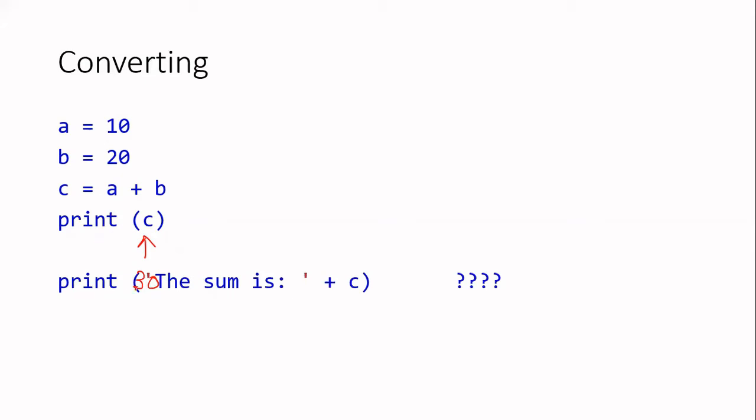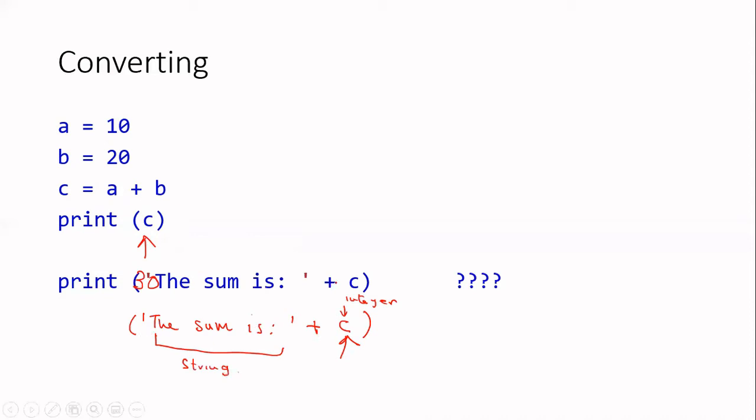This statement is saying print, the sum is, so I will write it here. It's got the sum is, so that's a message, and it's printing the value of C, and we know that C is 30, right? So that's a number. So this is an integer, right? And this is a message, and that message is of type string.